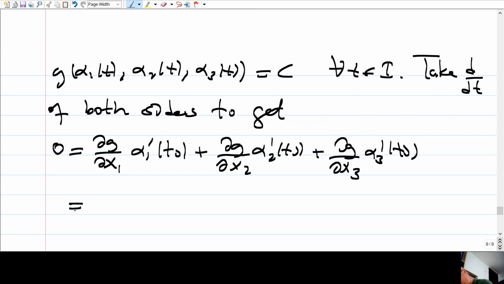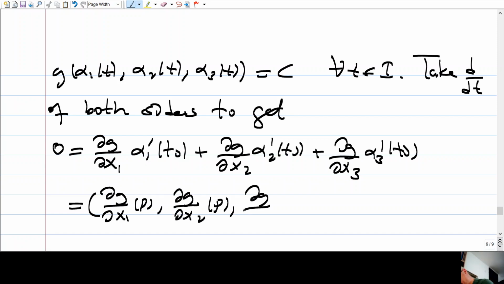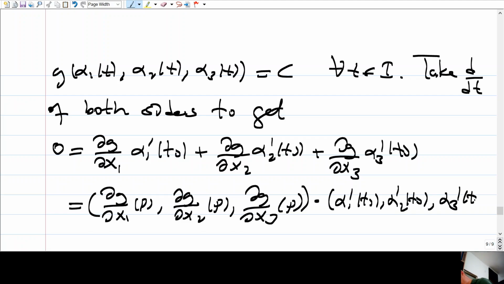What is this? Well, this is just the gradient vector. Of course, you compute this at t0, and alpha t0 is p, and then the dot product of this with the vector alpha 1 prime t0, alpha 2 prime t0, alpha 3 prime t0.